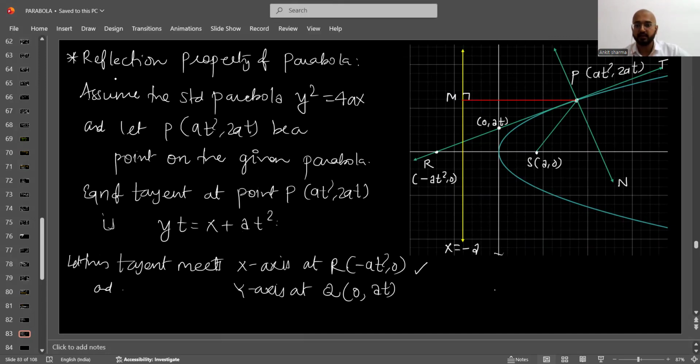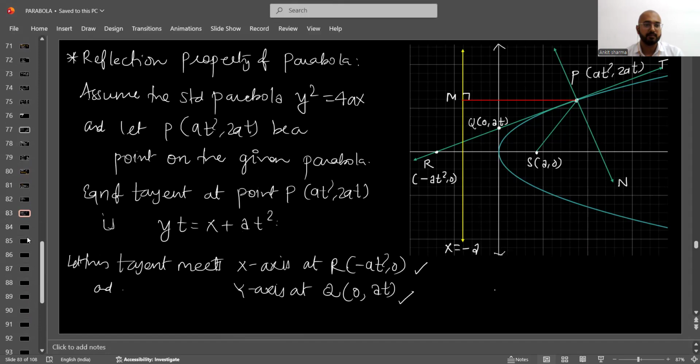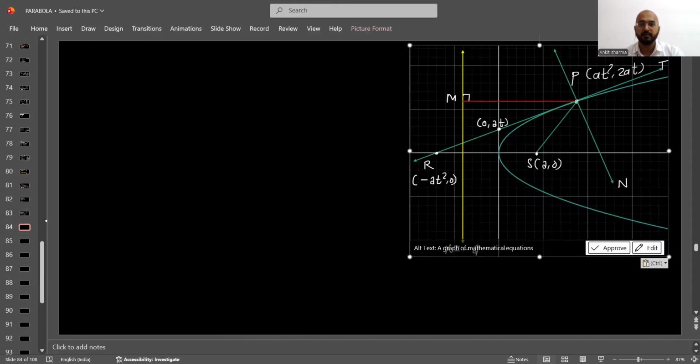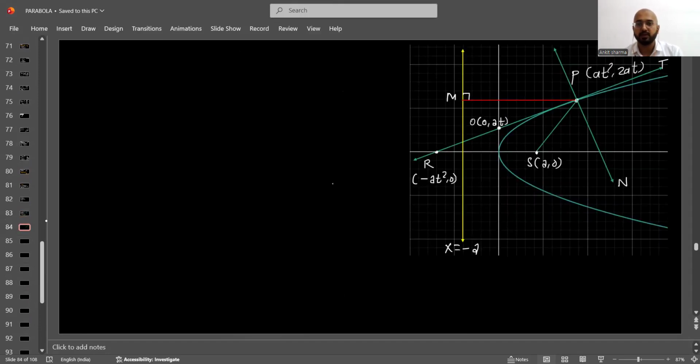And this is the y-axis, also called the tangent at the vertex, and this is my point 0 comma at, which I'll name Q. Now our goal is to get the lengths of all these segments SP, PM, MR, and SR. And this is my point M.